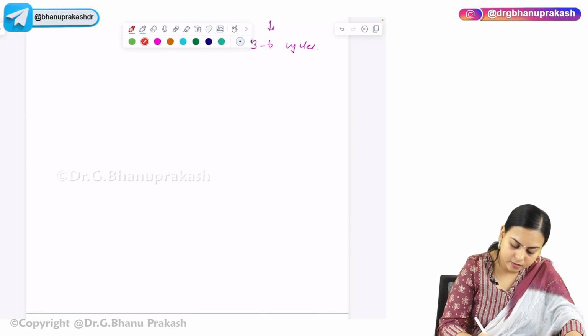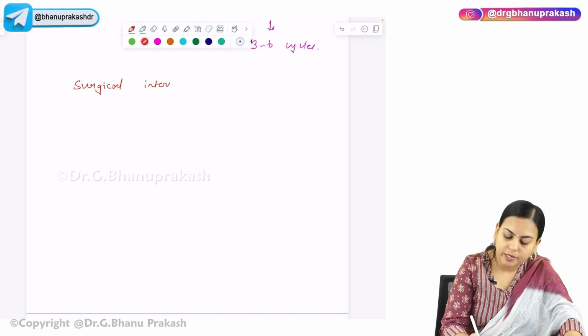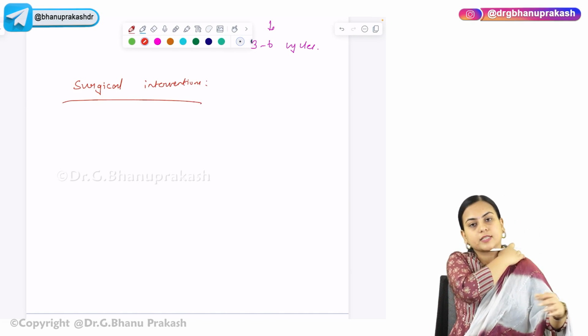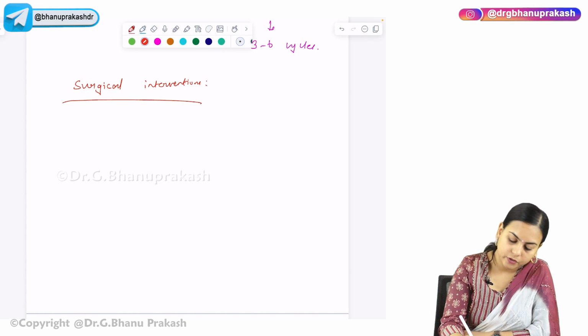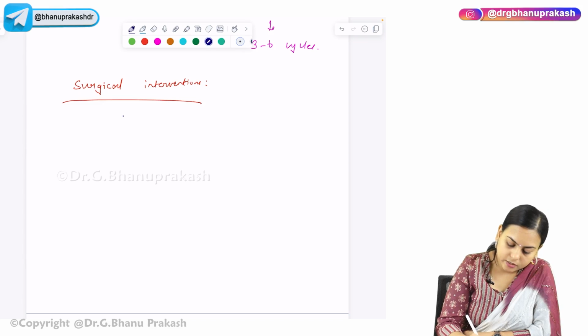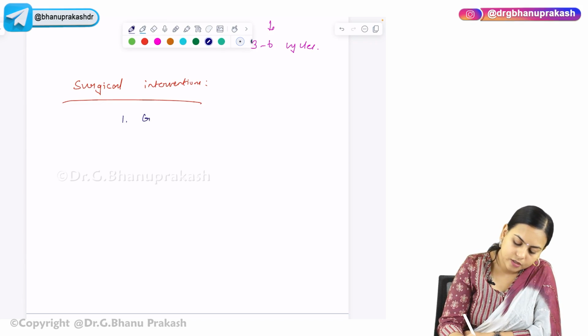Next one is surgical intervention. So these are the medical interventions and medical management we have discussed so far. We are going to discuss the surgical interventions also now, okay. Surgical intervention is mainly needed for grade 2 or grade 3 varicocele.